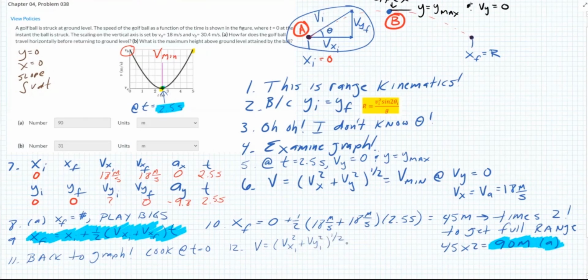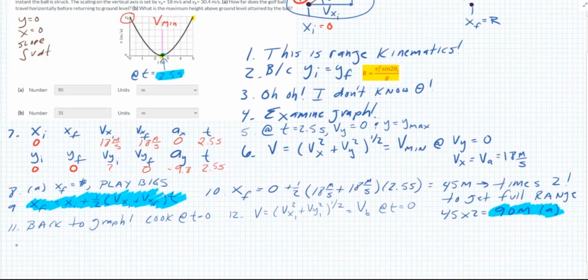And I know right at t equals 0, this equals VB at t equals 0. Step 13, therefore, VB for me is 30.4. So step 12 becomes step 13, 30.4, I'll leave the units off.